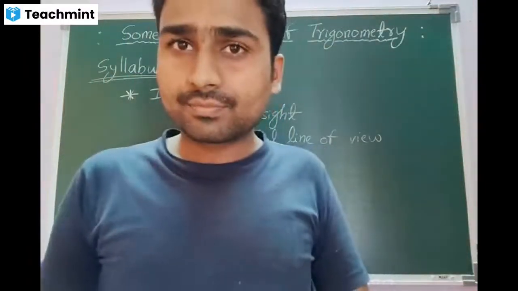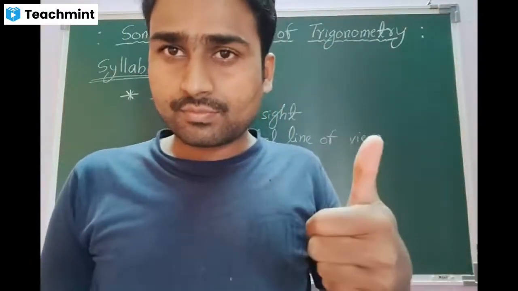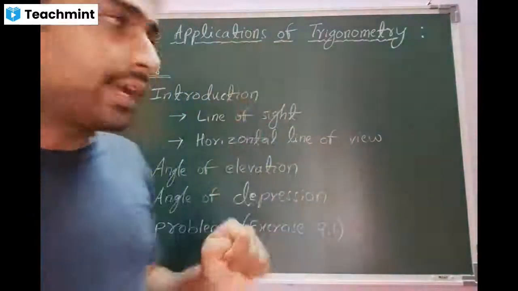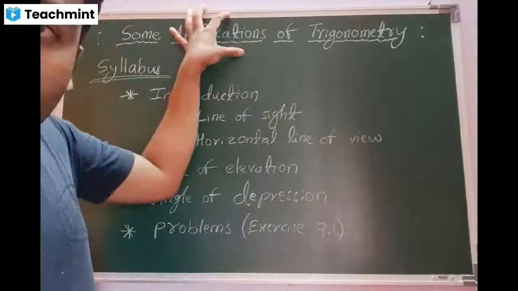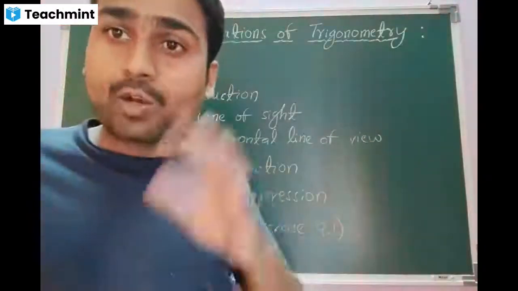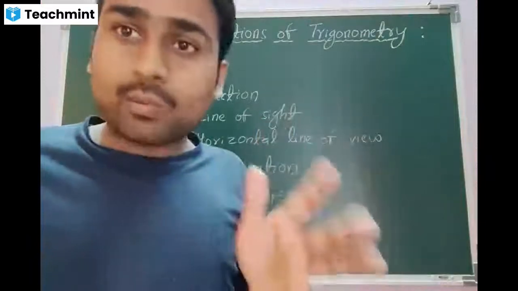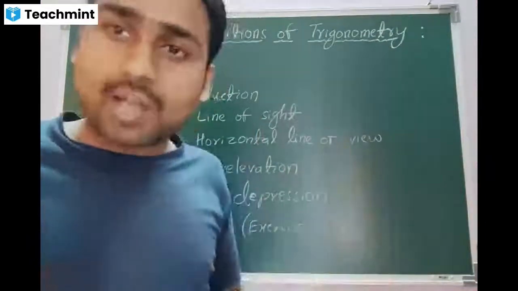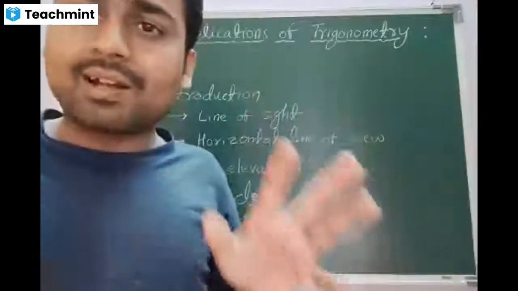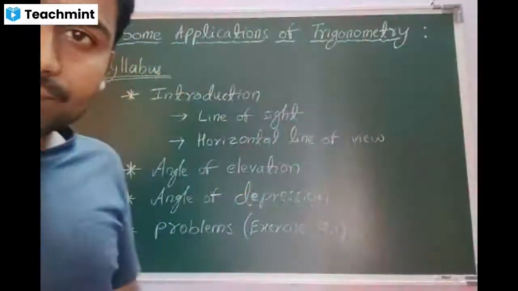Look at the title of the chapter. The name only indicates we are going to have some applications of the trigonometric ratios and trigonometric relations, whatever we have studied in the earlier chapter, in order to find some other mathematical concepts. Is that clear?